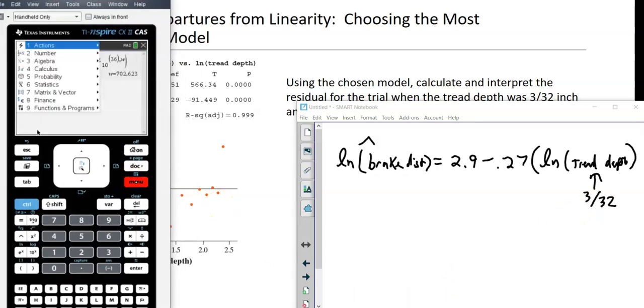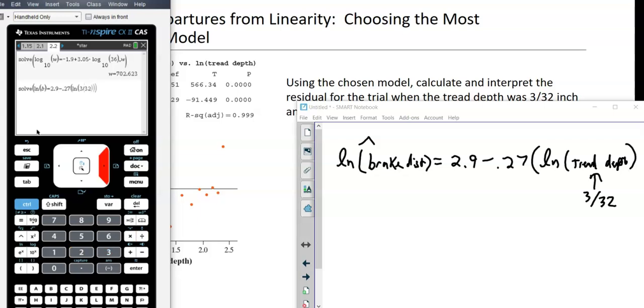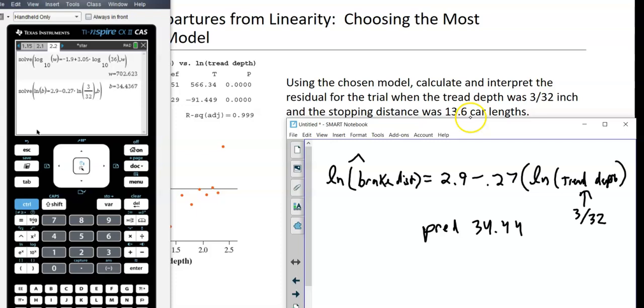We're going to use the solve command, menu 3.1, natural log of, let's say B for braking distance, equals 2.9 minus 0.27 times natural log of 3/32, comma, B is the variable we're solving for. So we get the predicted value. Predicted is 34.44. If you look, the actual was 13.6.